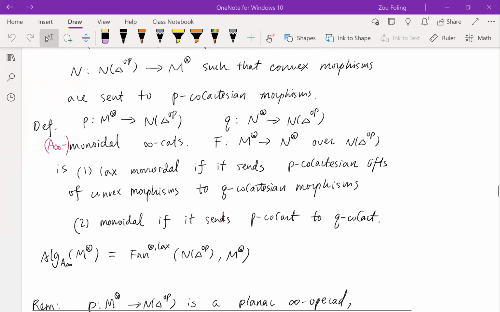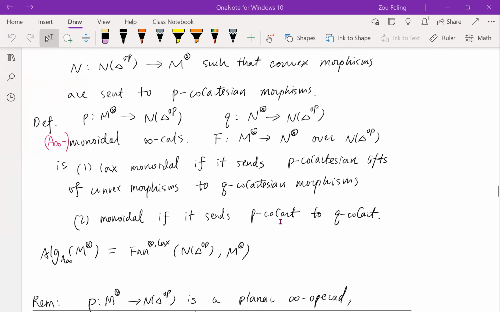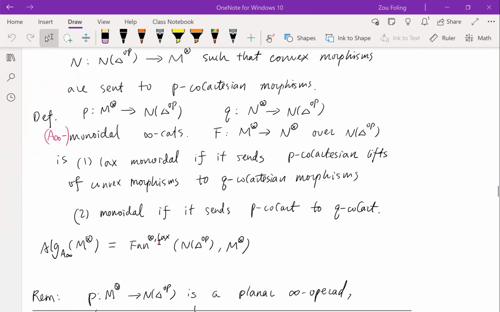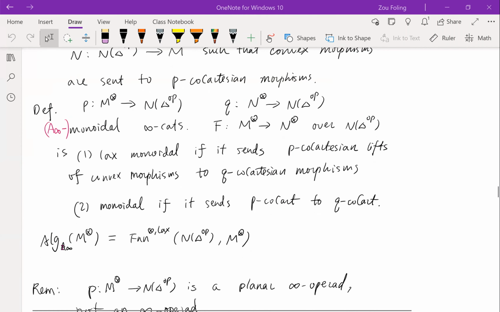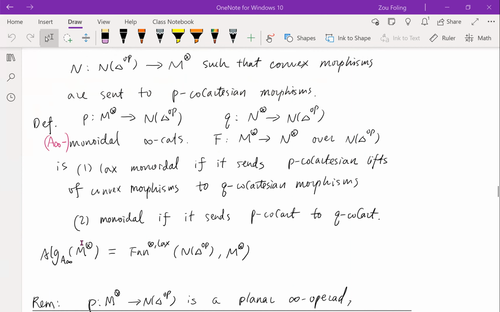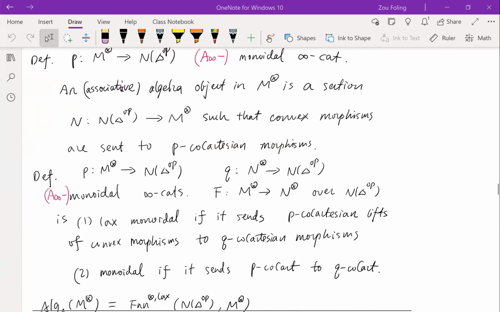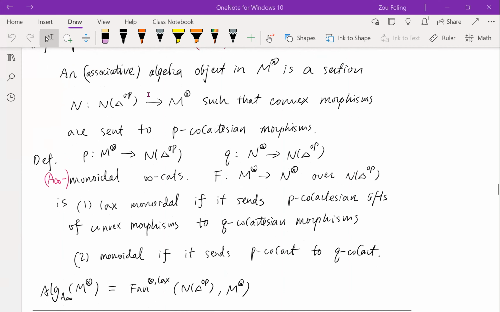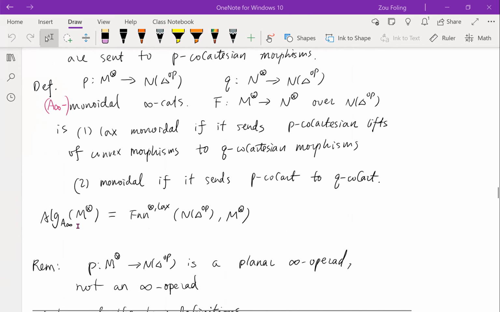And if it preserves all co-Cartesian morphisms, then it's monoidal. And the definition of A infinity algebra, or associative algebra, is the same as the definition in number 1. It's the lax monoidal functors from nerve of delta op to M tensor.